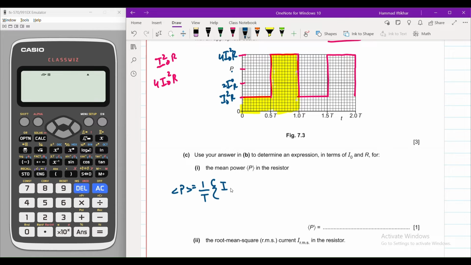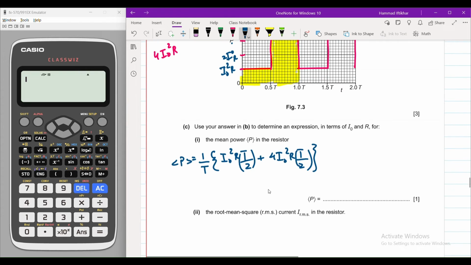I naught squared R times half of T, plus 4 I naught squared R for another half T. So let's see how that comes up. 1 over T, and all the T's get cancelled out.